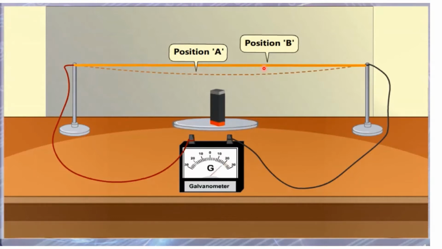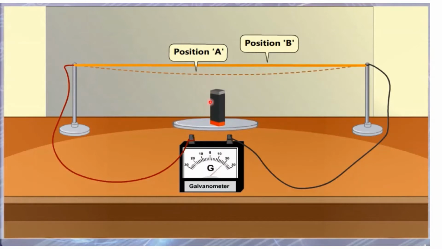Now, keeping the wire stationary and moving the magnet, will we get deflection in the galvanometer? Yes. On moving the magnet also, we find that there is a deflection in the galvanometer.